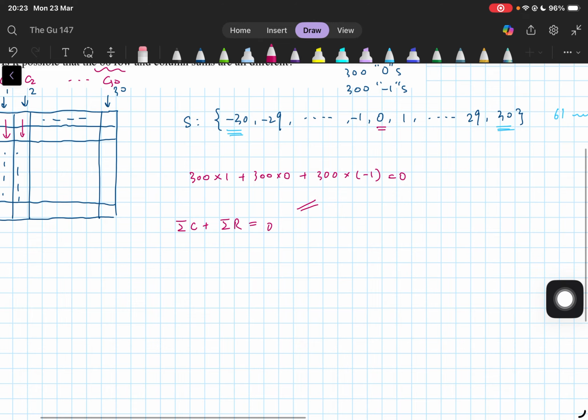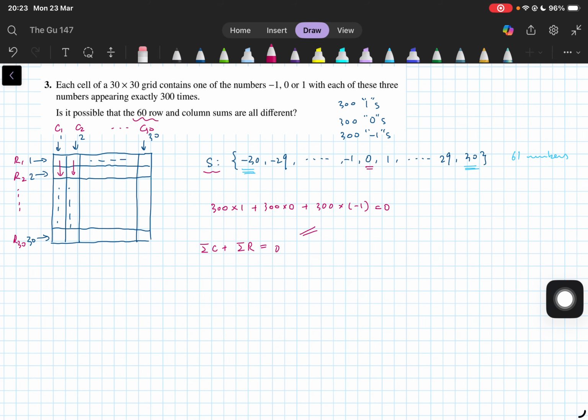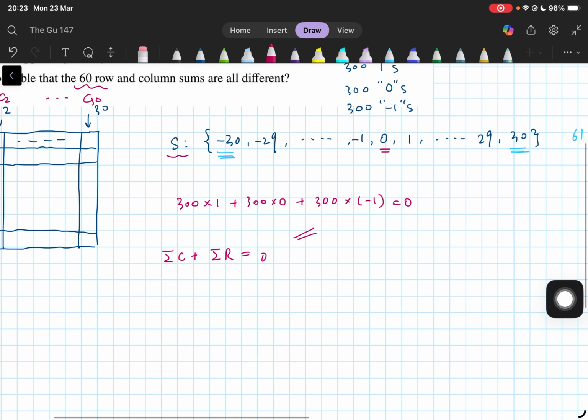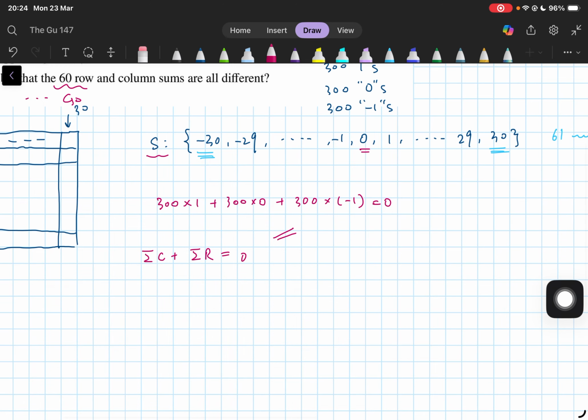And we also know that if we want 60 different numbers, then they have to be picked from these 61 numbers. So the odd one out has to be 0, because say if we take minus 1 out, then the sum will not be 0. It will be minus 1 instead.